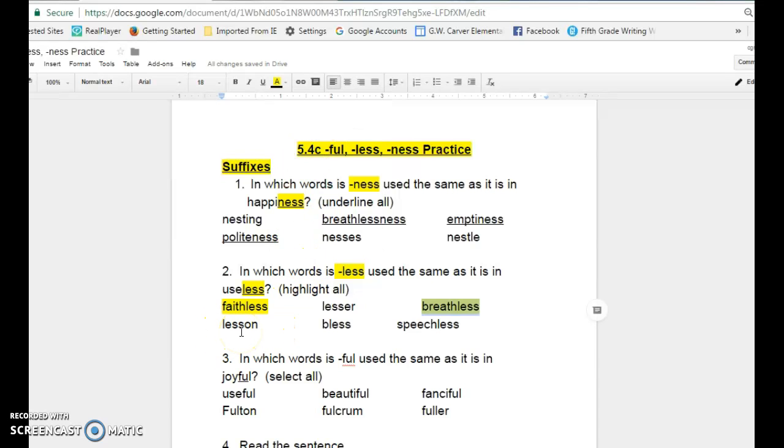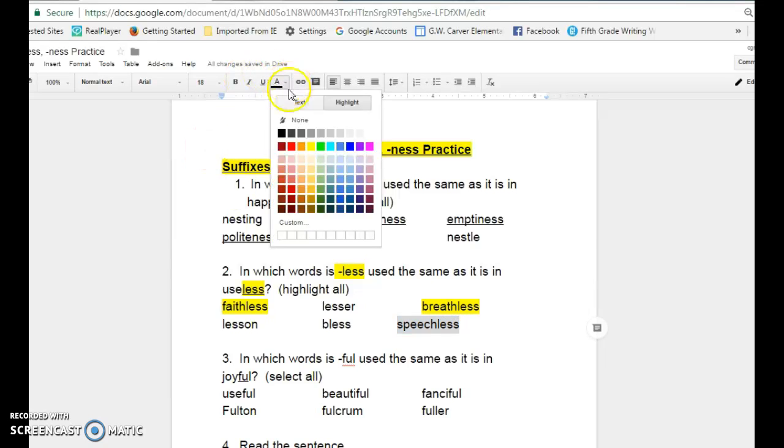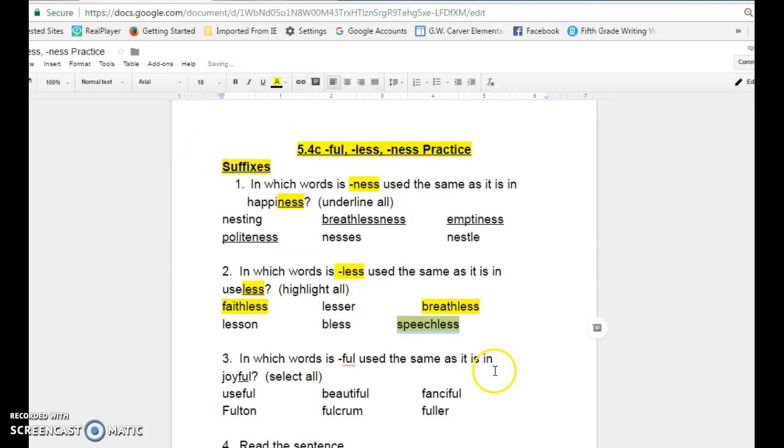Lesson. Does it mean without? No, and it's in the wrong place. Bless. Does that mean without b? No. Speechless. Does it mean without speech? Yes, if you are speechless, you can't talk. You should have highlighted those 3 answers. Number 3, in which words is full used the same as it is in joyful?